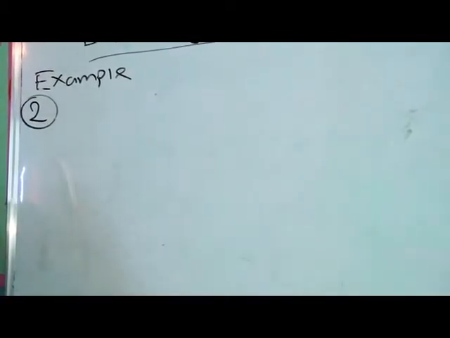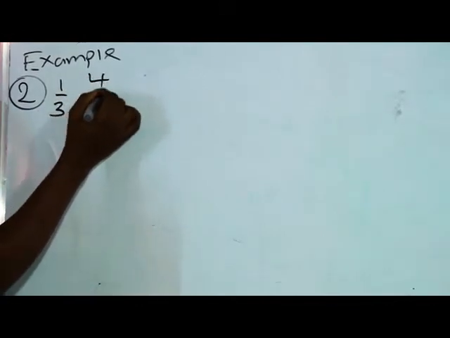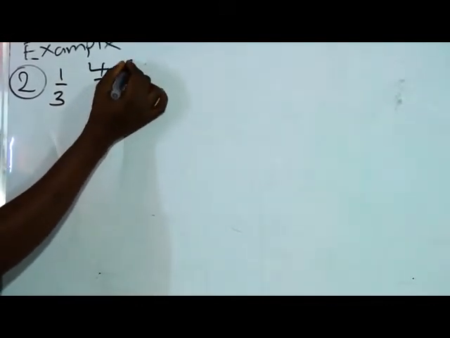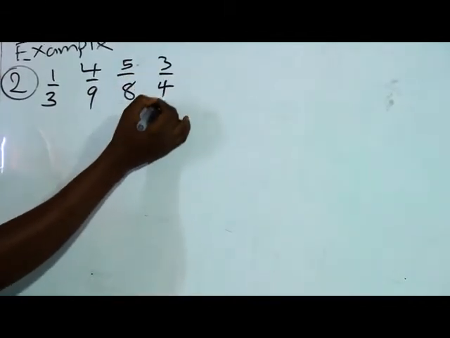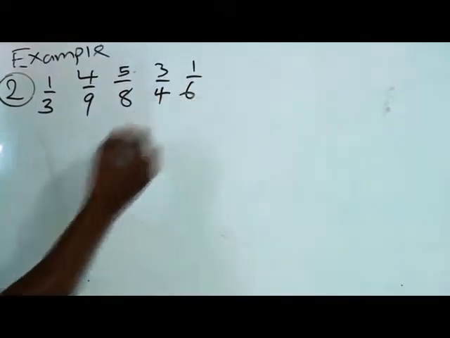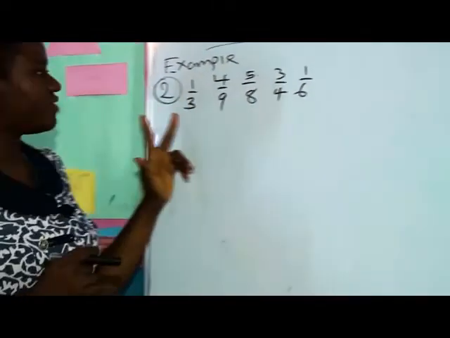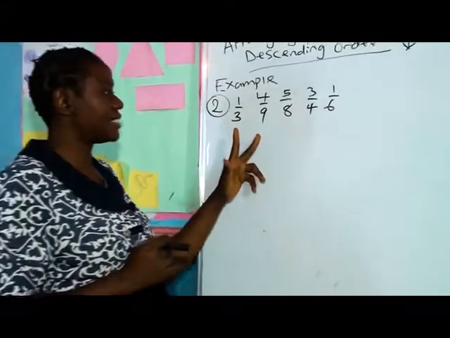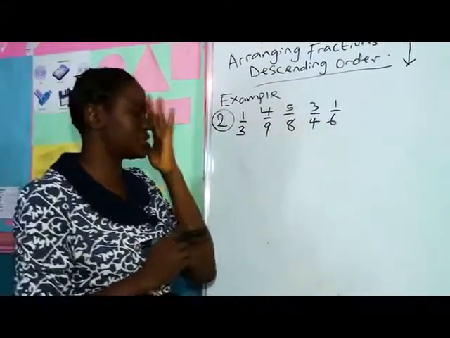Fractions in descending order: 1 over 3, 4 over 9, 5 over 8, 3 over 4, and 1 over 6.